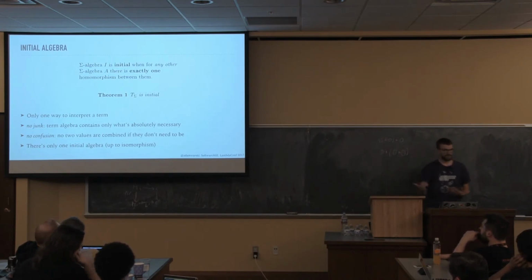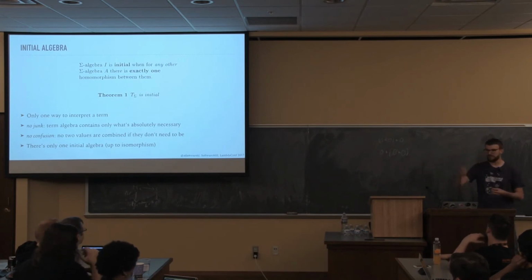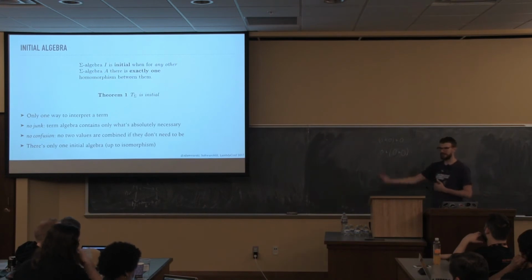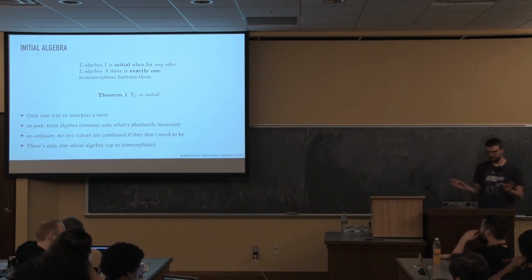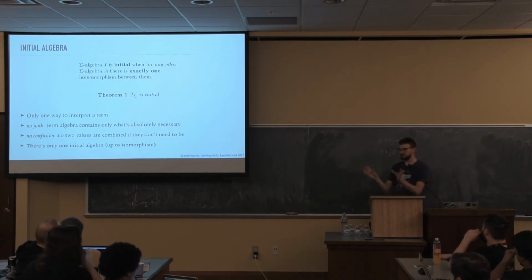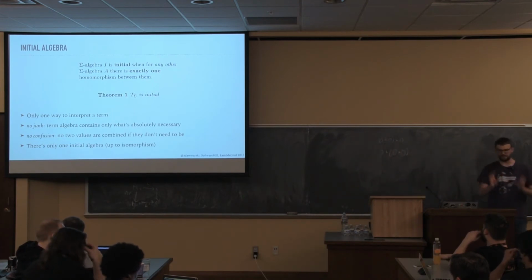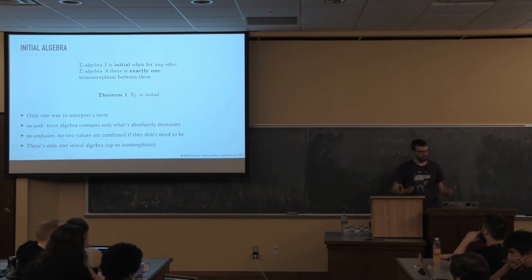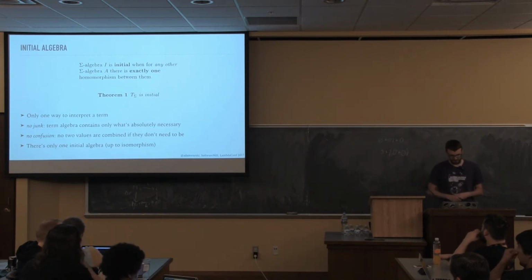So the term algebra only contains what's generated from the syntax, from the operations. It doesn't contain any extra elements. And also there's no confusion, so if in any algebra two expressions can have a different value, they will be distinct terms, right? Because in theory they could be interpreted in a different way. So the term algebra provides no interpretation at all, it just provides the syntax which can then be evaluated.